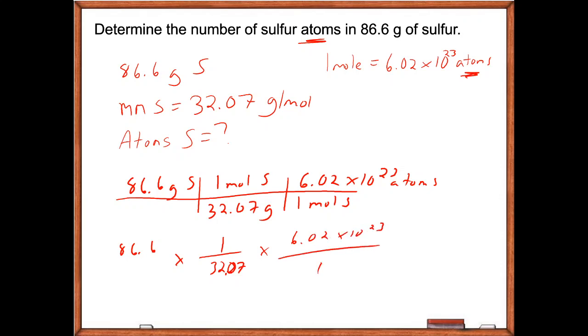Those will all give you the same answer. And the answer I came up with here is 1.63 times 10 to the 24th atoms of sulfur. Okay, so that would be my final answer.